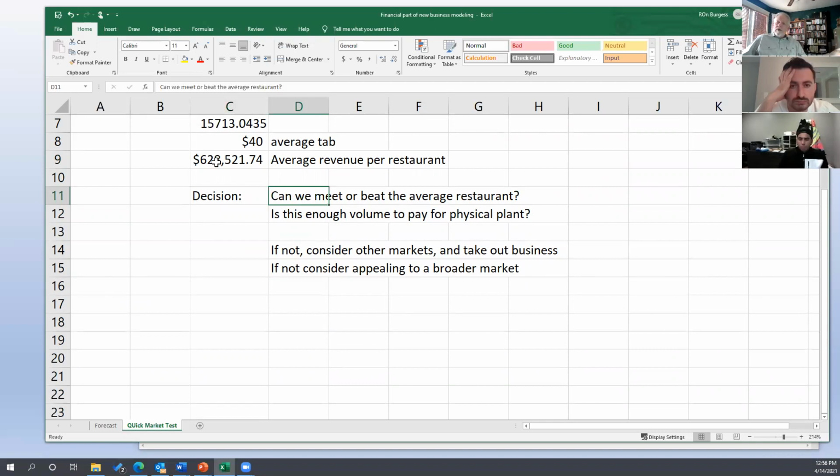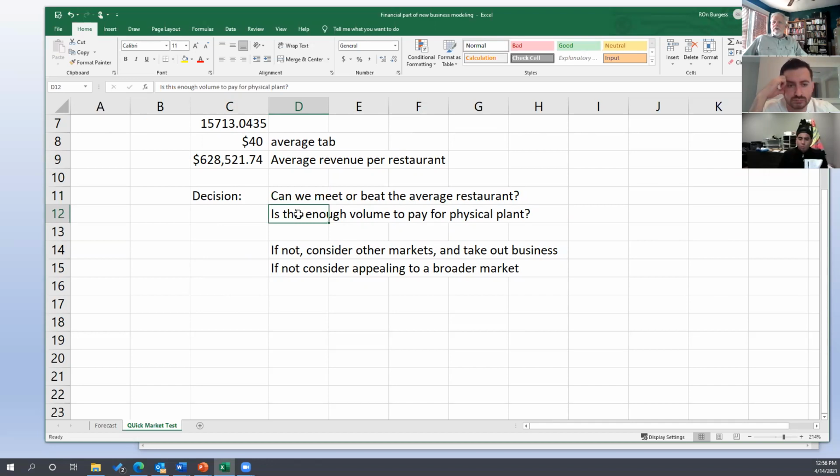Now, if you're a better restaurant, if it's a bigger restaurant, if it's a better location, the location is huge. They say location is number 1, 2, and 3 of importance in retail, and that's true. So assuming all those things are true, you might be able to do more than this, maybe a lot more.